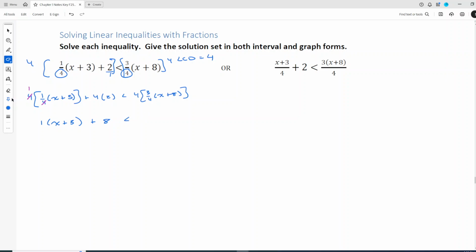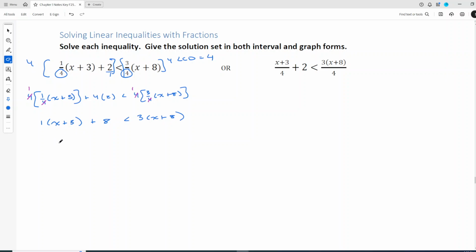And then over here, I've got 4 times 3 divided by 4, right? 12 divided by 4, which is 3, or 4 divided by 4, which is 1 times 3. It doesn't matter, but I'm left with 3 times (x plus 8). So now I'm back to a nice linear inequality that I can solve.